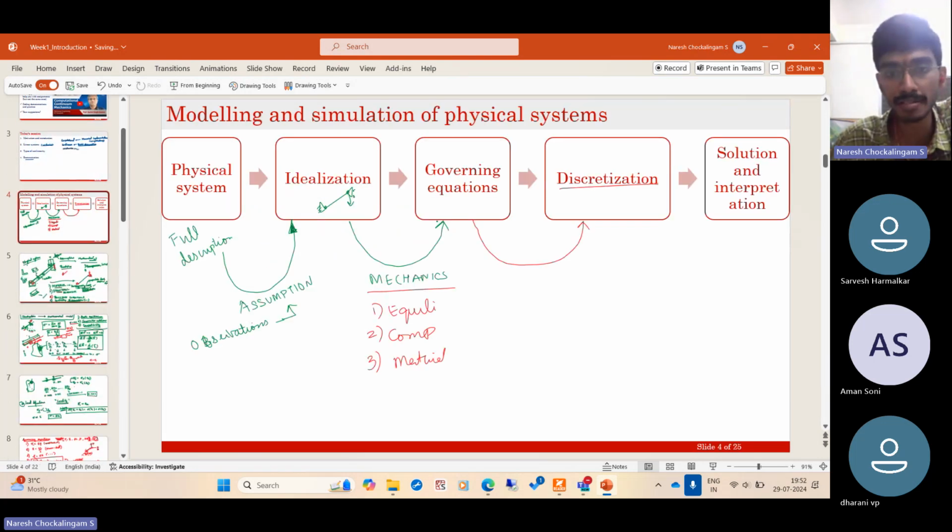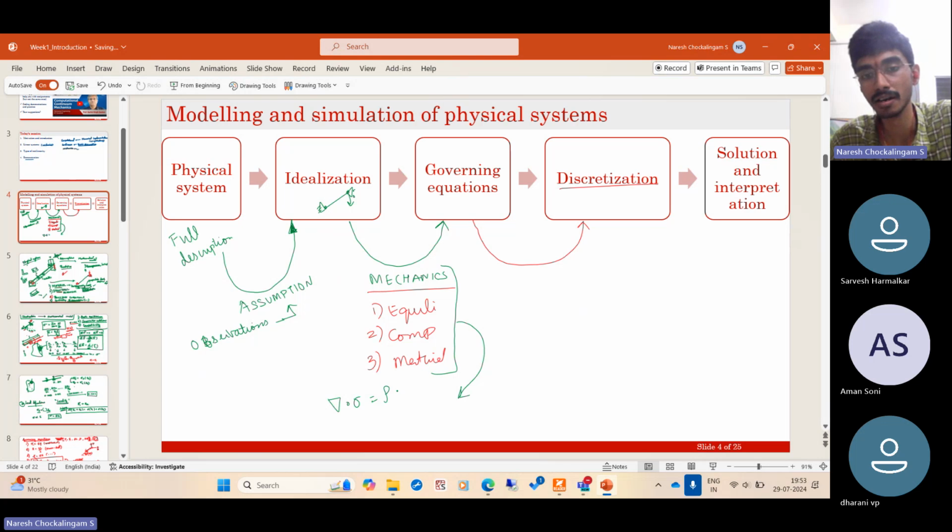In mechanics, if you remove the temperature part and just look at mechanics of three-dimensional bodies, the equilibrium equations involve the divergence of stress plus rho b is equal to the acceleration. The compatibility has another form: curl of the strain tensor is equal to 0 in the infinitesimal case. And the material law is an algebraic equation: sigma is equal to C times epsilon.